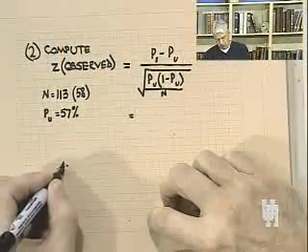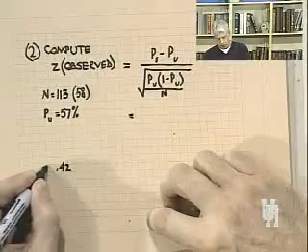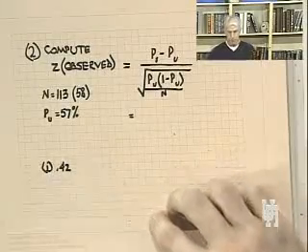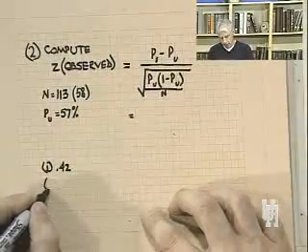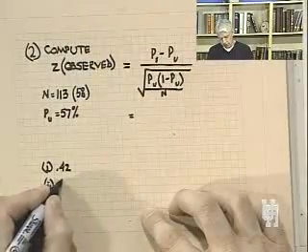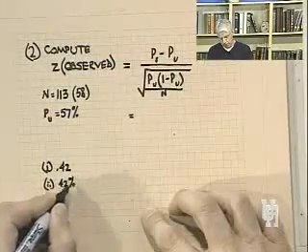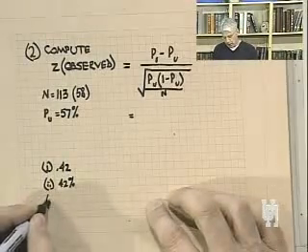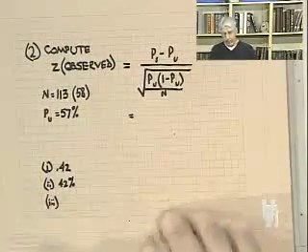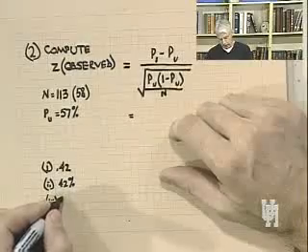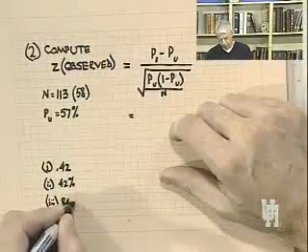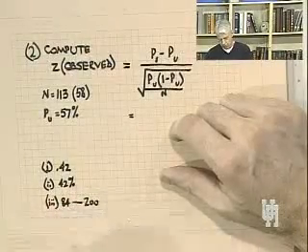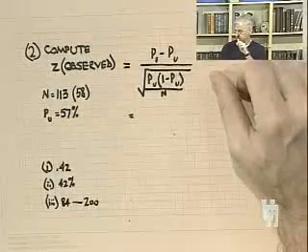You can be told 0.42 of a sample did something. It can come as a percentage. 42% of a sample did something. And third, it can come in frequency data. 84 out of 200 persons did something.